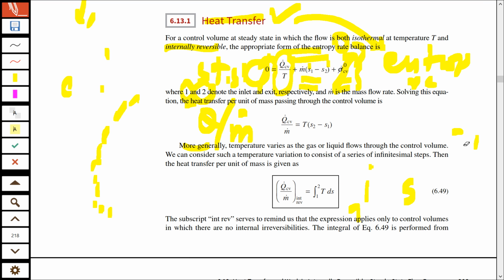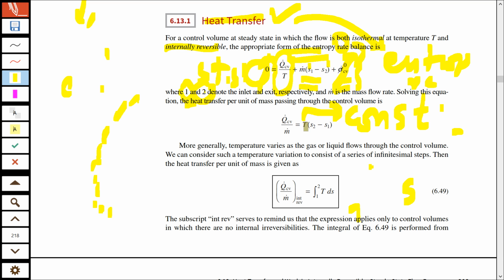The assumption here, remember, was a constant temperature. I think that's the main difference. It was a constant temperature for one inlet and one exit.